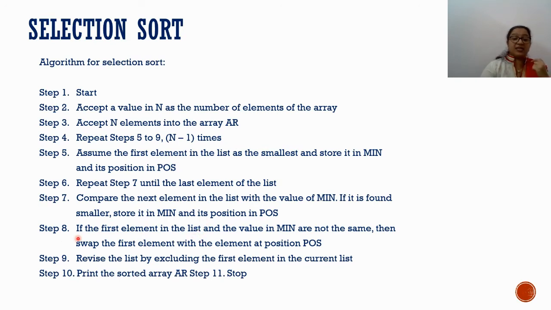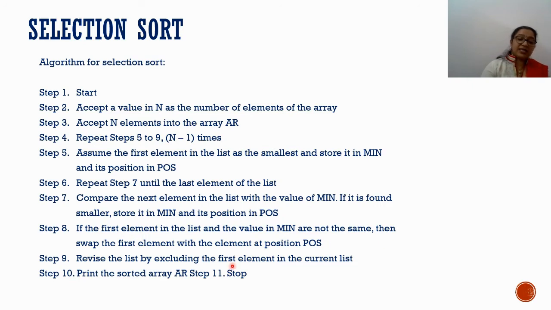Step 8: if the second element in the list and the value in min are not the same, it means the second element is not the smaller one. Min is the smaller one there. So swap the element with the second one, and the same with the position. Where the second smallest value is, we want to move it to the second element.